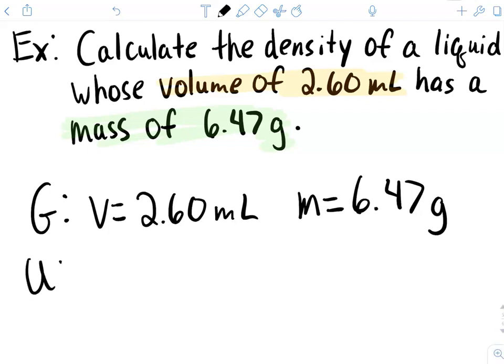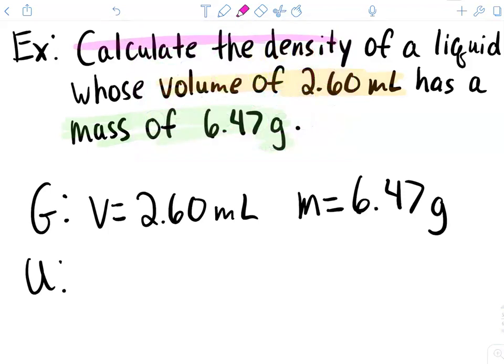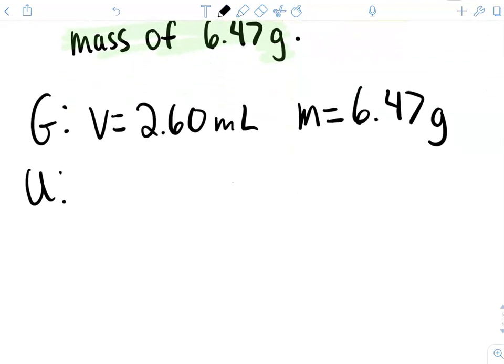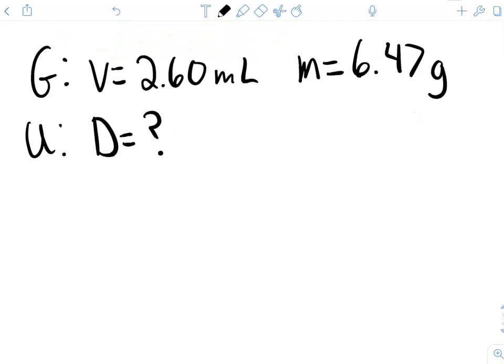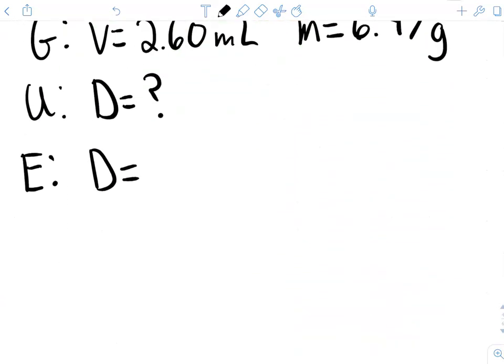My unknown, the thing that I'm trying to get to, is that they tell me calculate the density. So that means they want me to solve for the density. This time, I'm going to use that heartbreaker equation, D equals M over V.